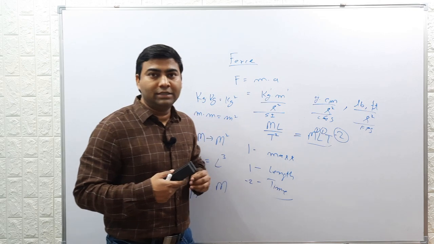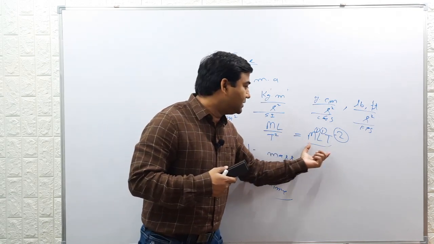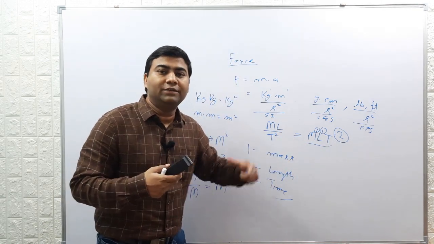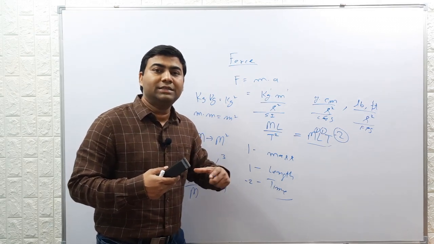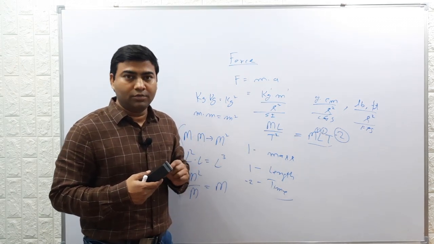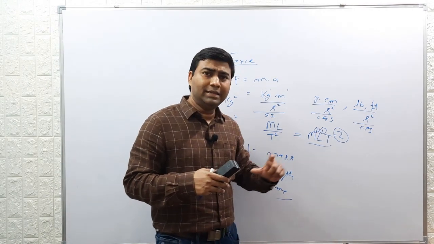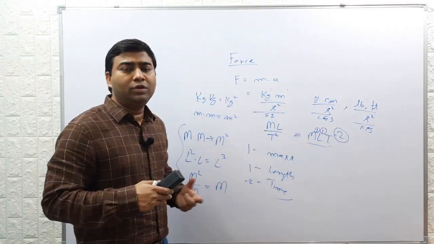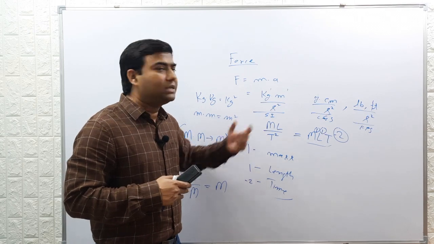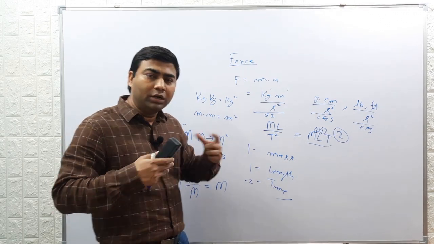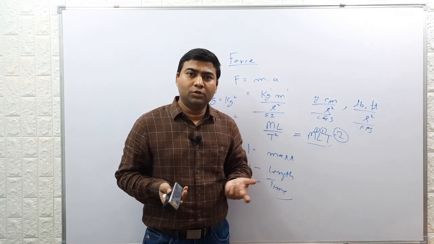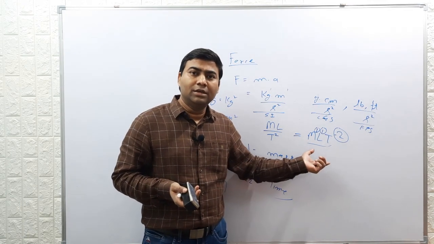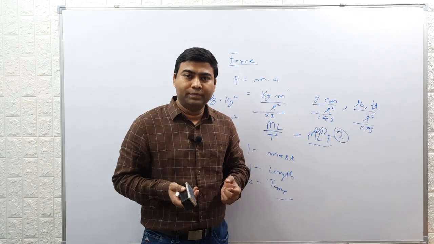Different units are used in different systems. So the dimensional formula is quite different in terms of representation, because its representation is independent from the system of units. Otherwise, the applications and all techniques used with the dimensional formula will be the same as with units, because it is nothing but the representation of units in symbolic form. That's it.